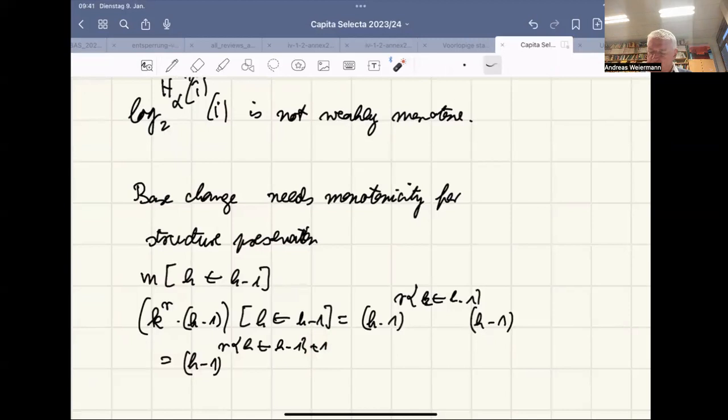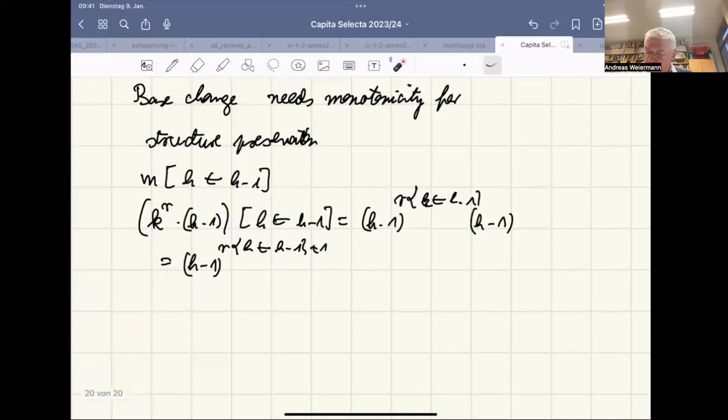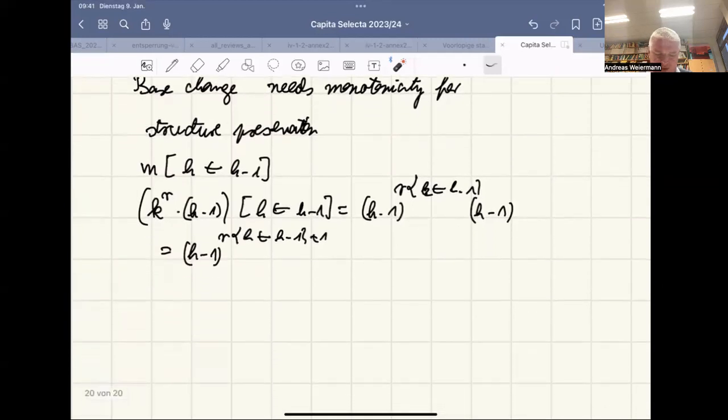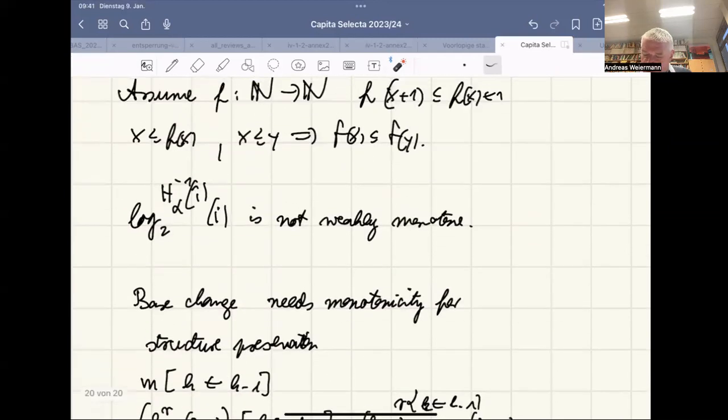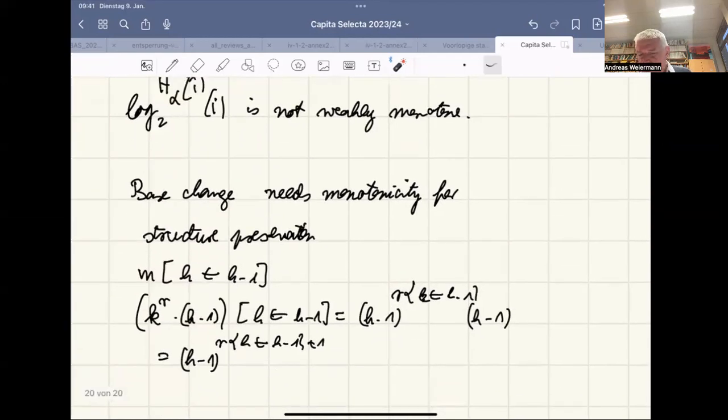And I had this publication with Frederik Meskens, and somehow the publication doesn't work for non-monotone functions. So there's a problem. This publication actually only works for monotone functions. At least currently, I don't know how to fix this. So this is a research project: to consider the article by Meskens and Weiermann, and just to check whether it also holds for those functions, including the non-monotonicity situations.